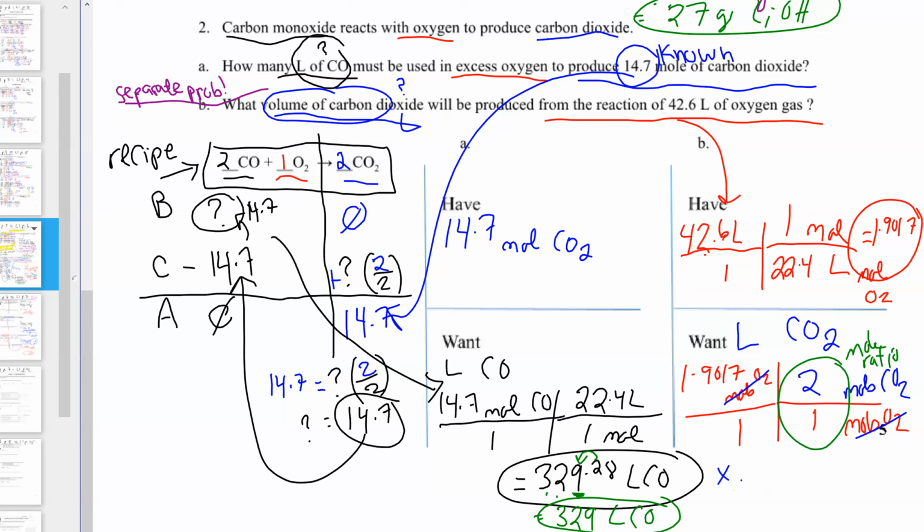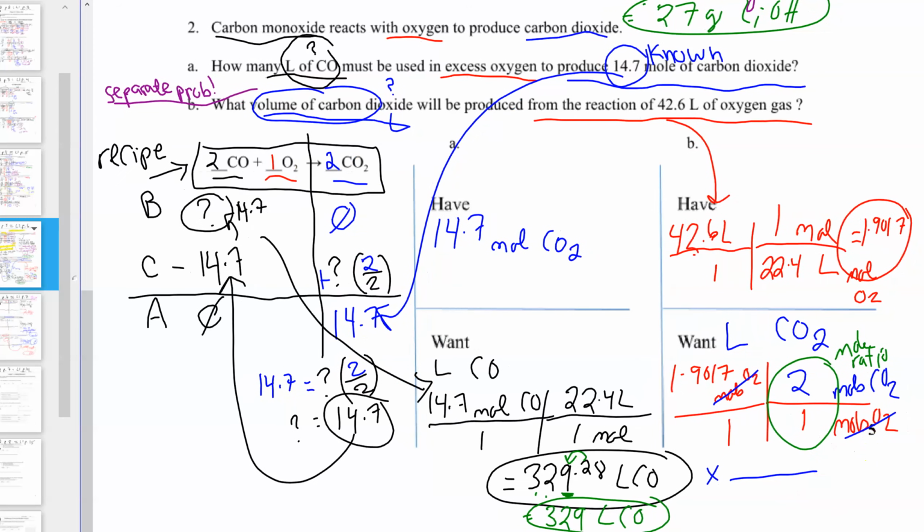So let's just do one more step here. We have moles on top. Our next factor, sorry, I ran out of room right here. Our next factor is, we want to get rid of moles and go to volume, which is liters. And 1 mole is 22.4 liters. Now the moles of CO2 cancel, and we're left with the liters.